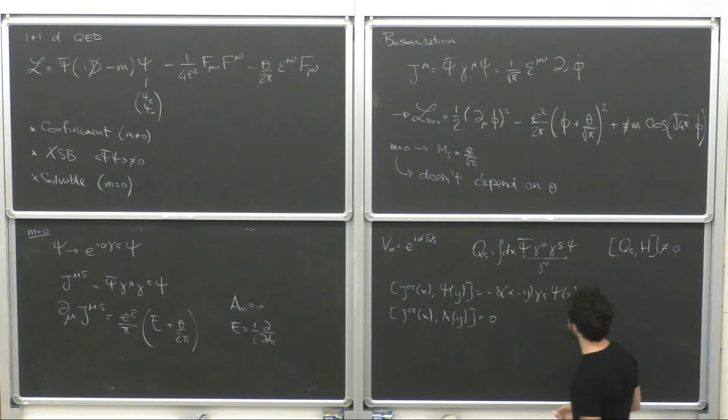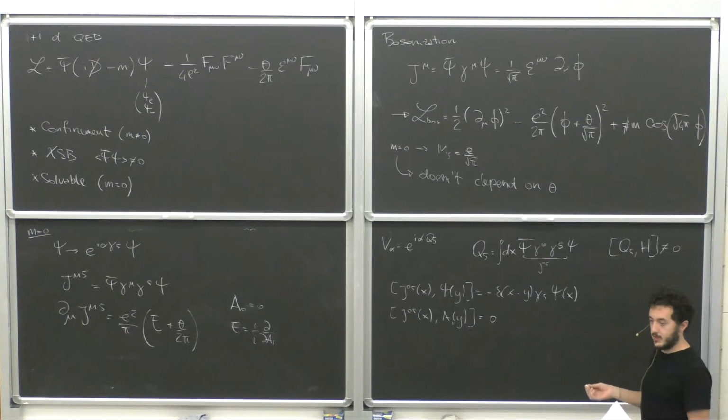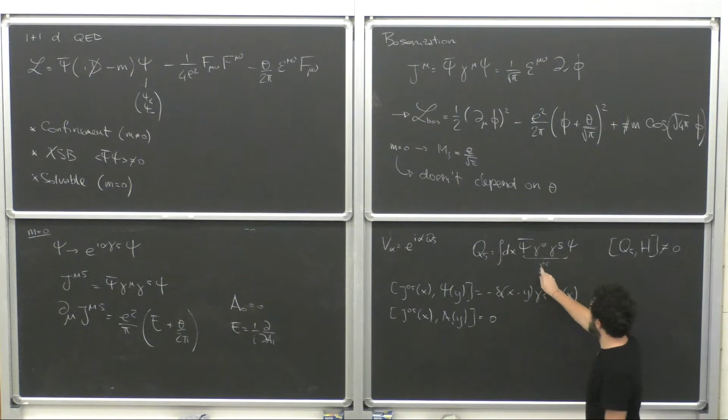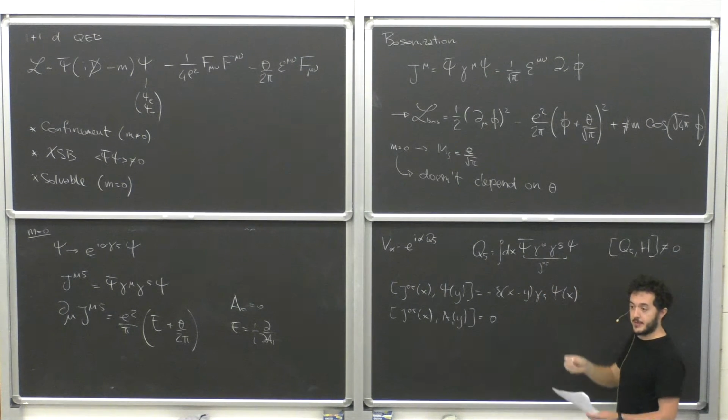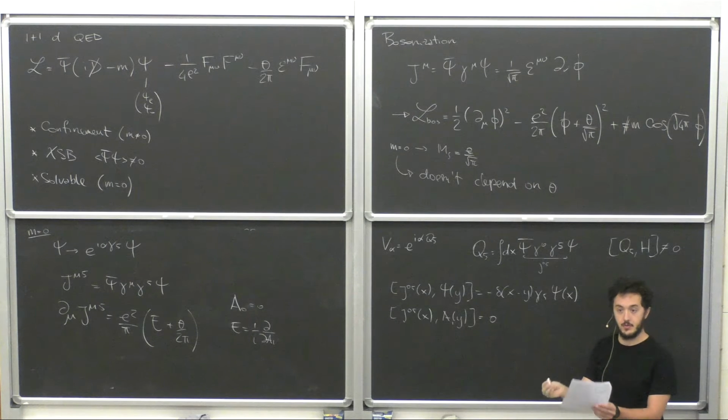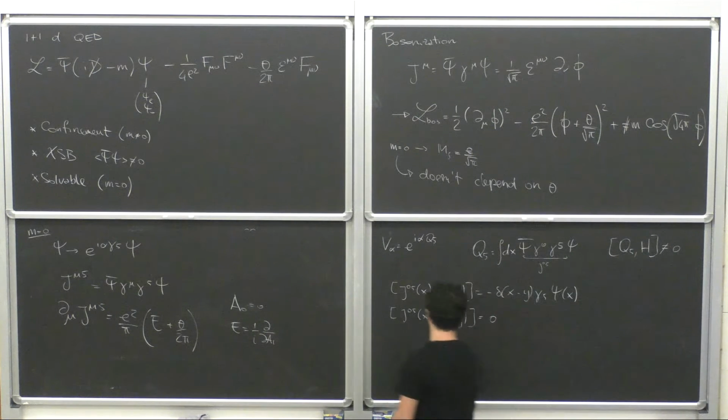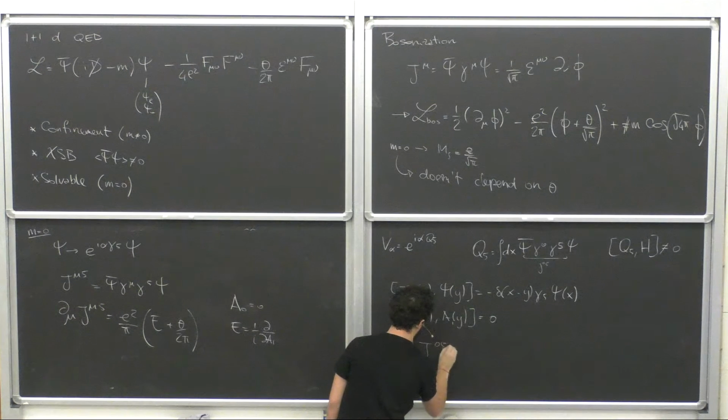One way to regulate this theory, for example, would be to take these two different fermionic operators and not insert them at the same point, but to insert them at different points. So let me define this.